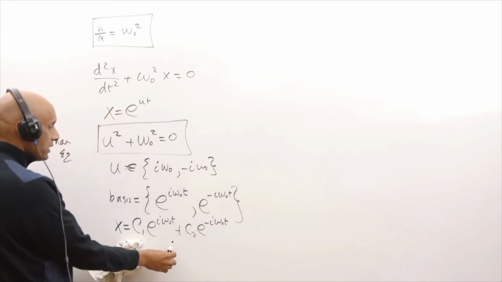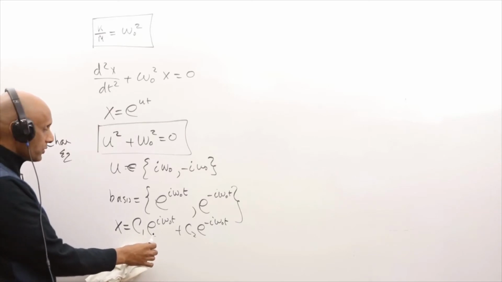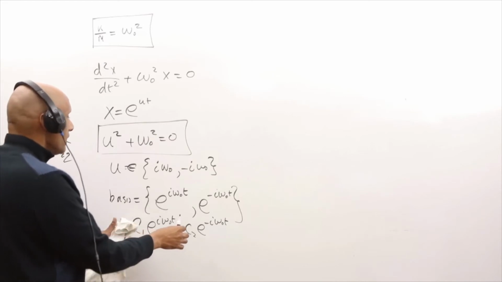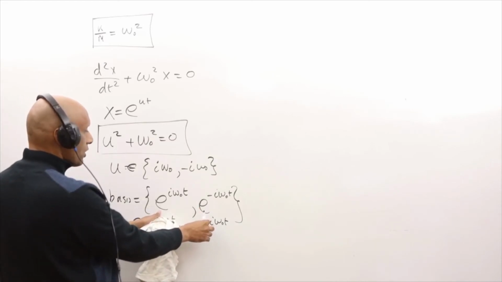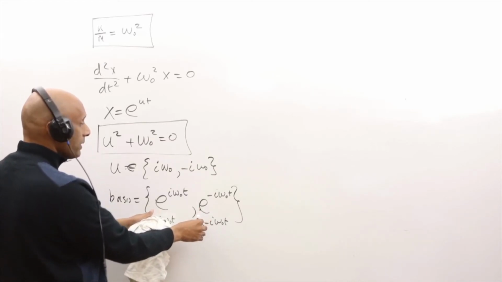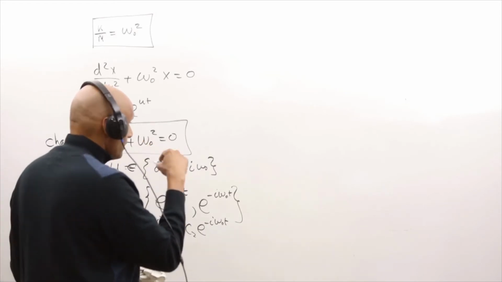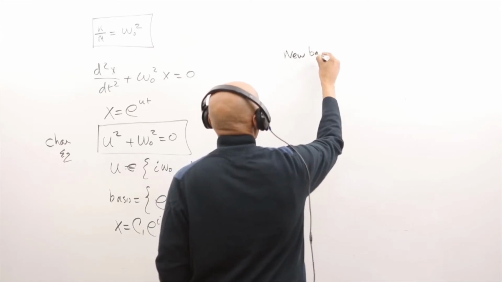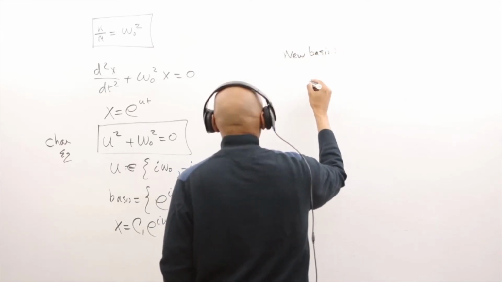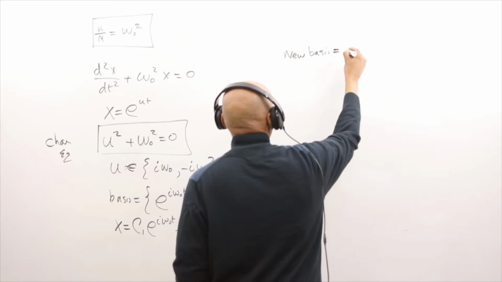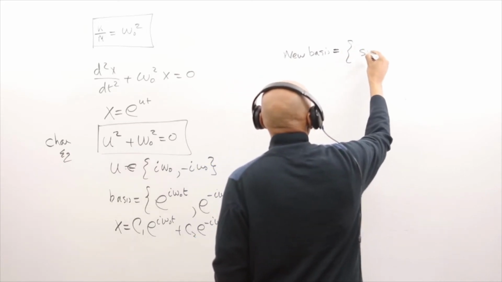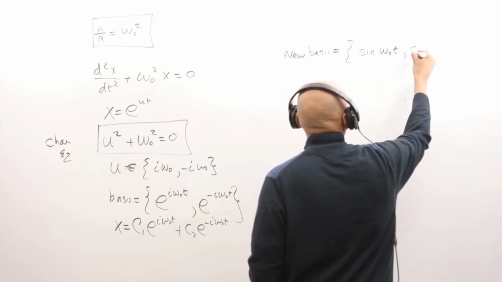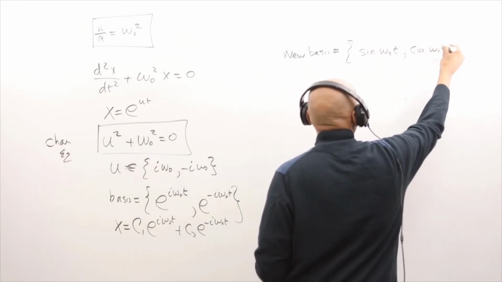The problem is that c1 and c2 are both complex numbers, and we want to work in real values. So instead of using this basis, we know that any basis functions that are conjugate pairs, we can replace with sines and cosines. And so our new basis is going to be the sine of omega naught t and the cosine of omega naught t.